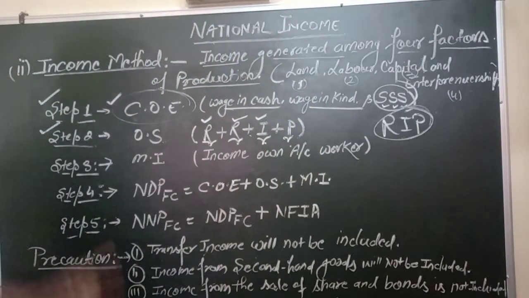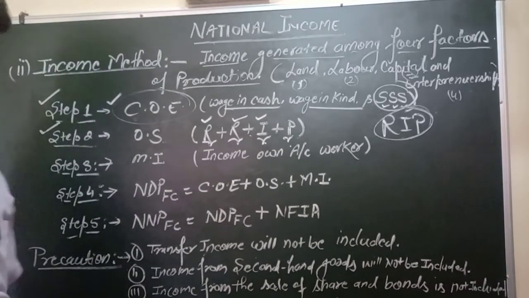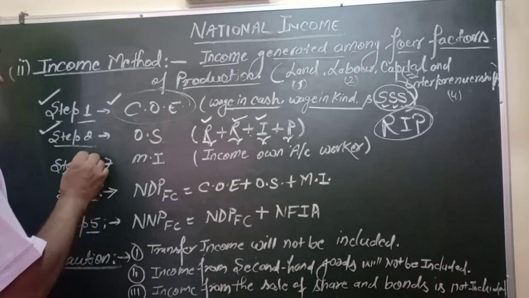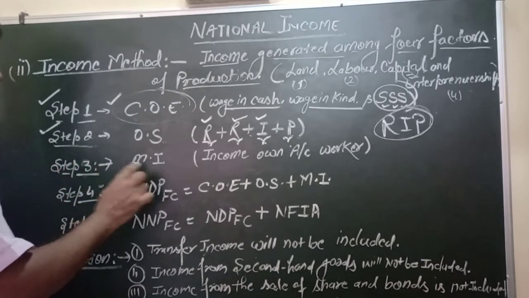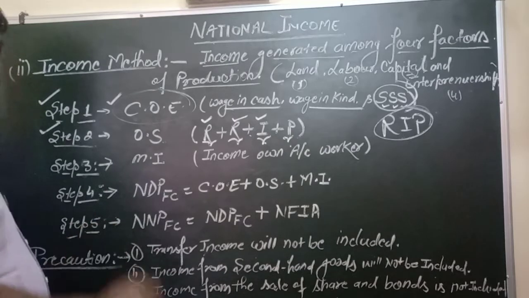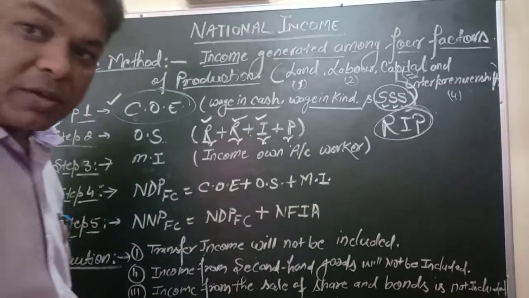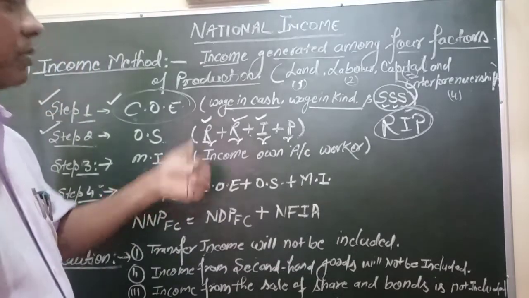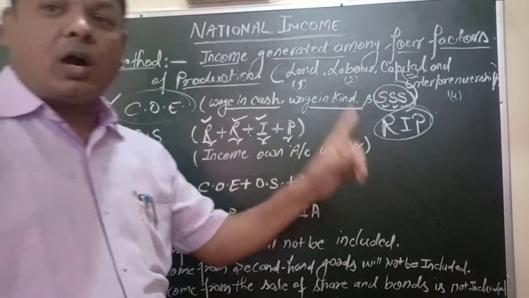Now step 3 is MI, mixed income, the income of own account workers.